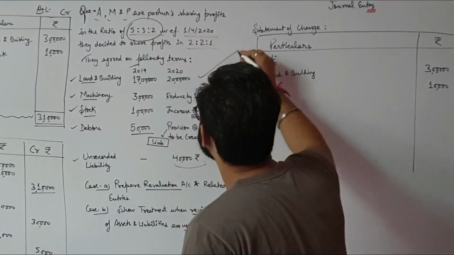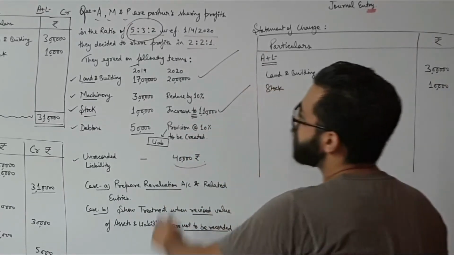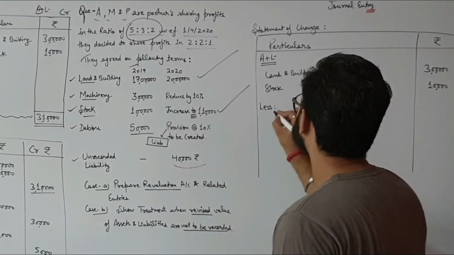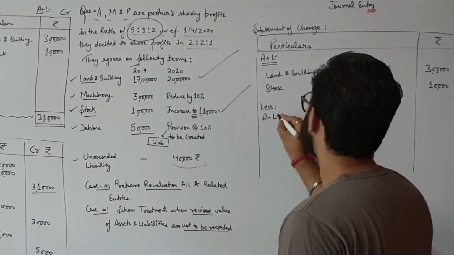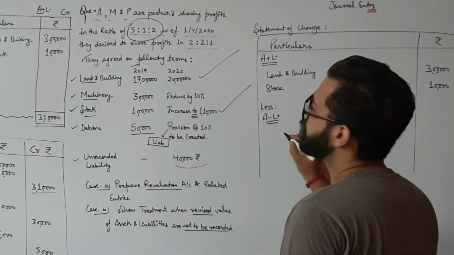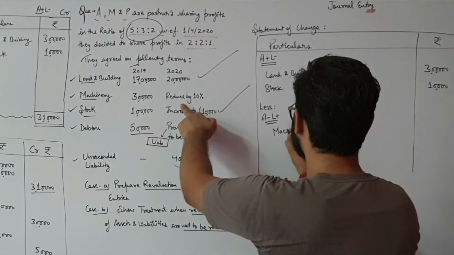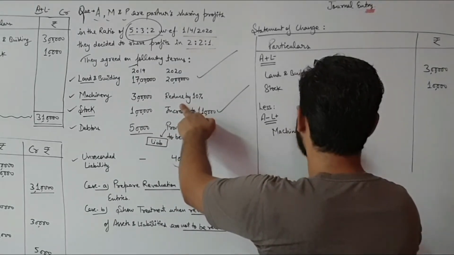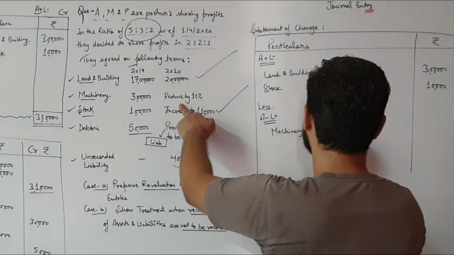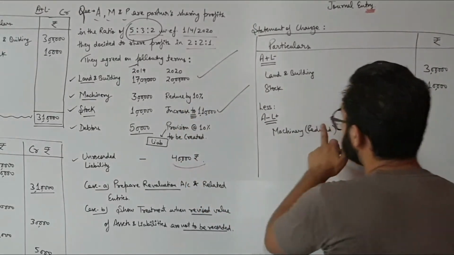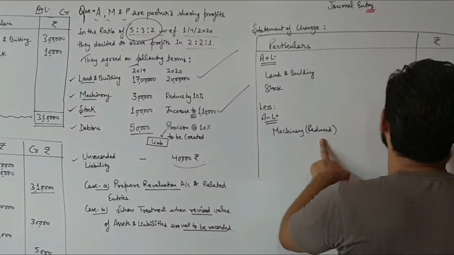Now we have done this and we have done this. Now the rest of the part will be shown as less: asset decrease and liability increase. So the first part is machinery. Machinery is reduced. You need not write reduced, I am writing this for your clarification.